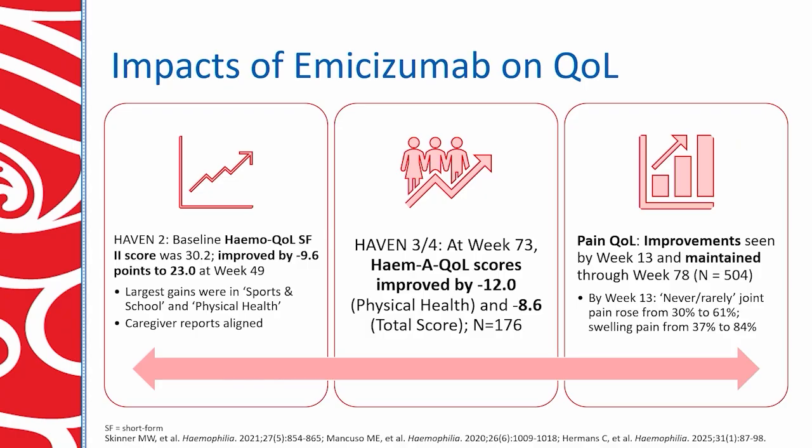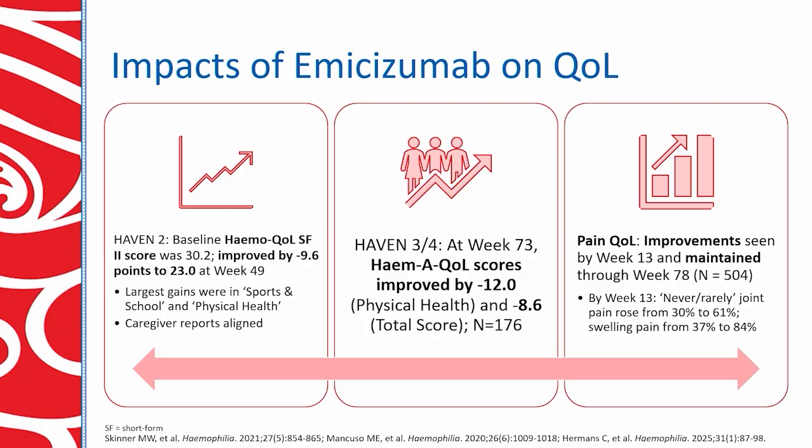And this is in line with the caregivers' impression. But we also see improvements of quality of life in the adult population, in HAVEN 3 and 4. So the scores are decreasing, which is good, but the improvements in the adult population are observed much later than in the pediatric population, and it's still the physical health that is going to improve.